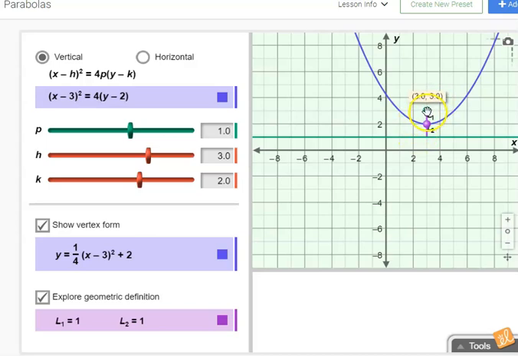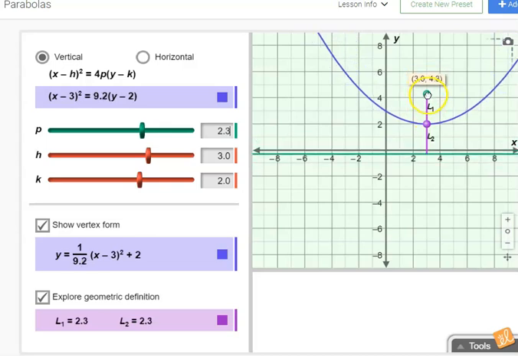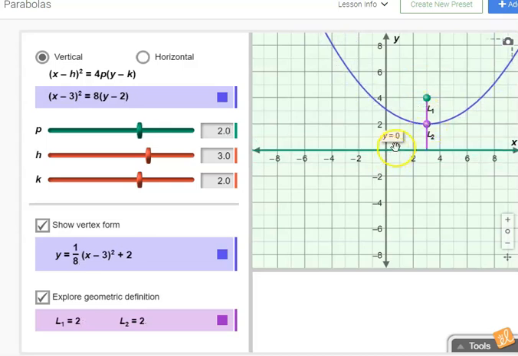As I change the focal point, it moves the directrix an equidistant amount. Check it out here. Remember how there was a 1/4 used to be the coefficient? Well, now that the distance is 2, I have a 1/8.